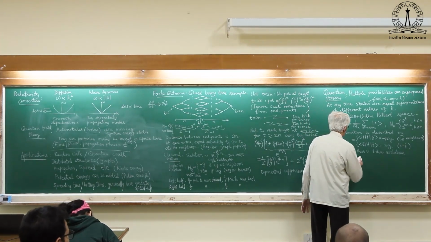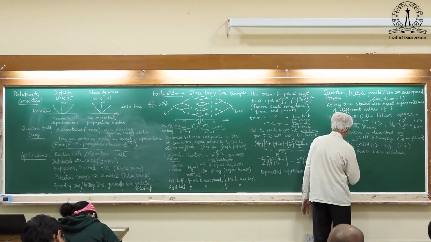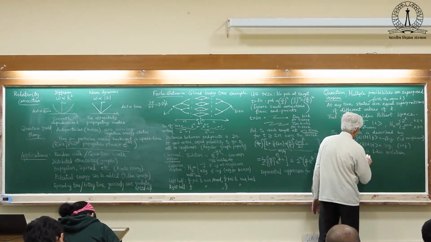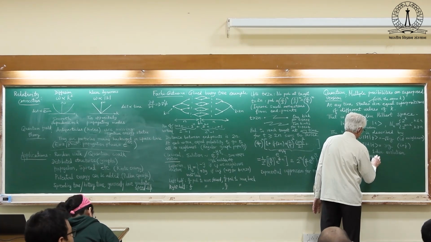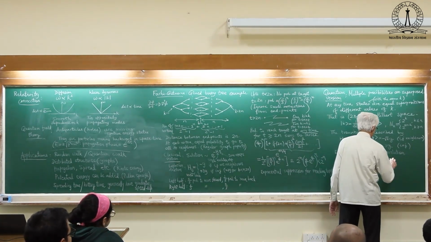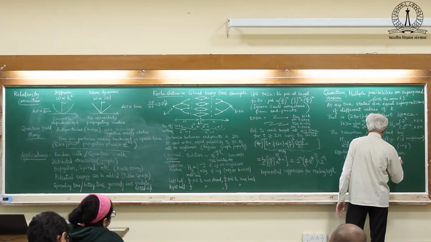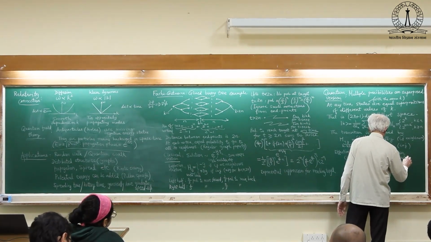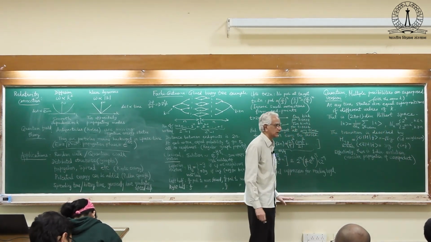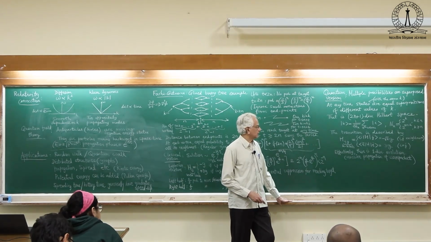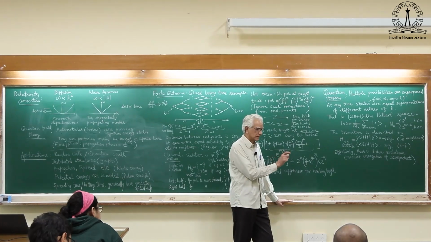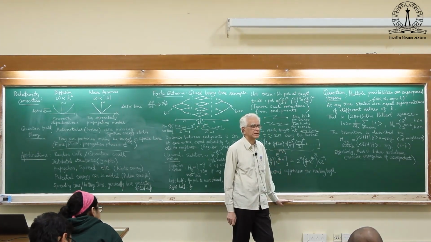So this is what can be called a wave packet. The equation tells you that that wave packet sometimes goes here, sometimes goes here, sometimes stays at the same place.